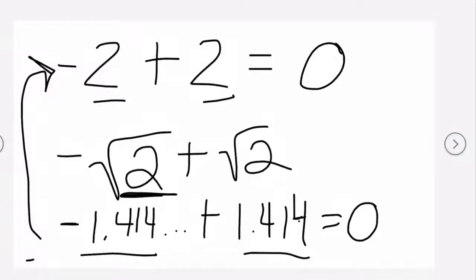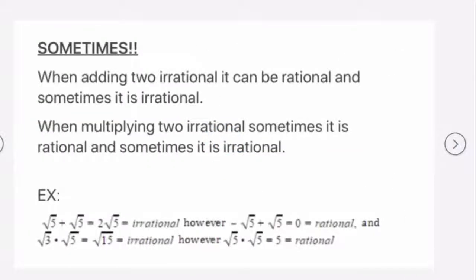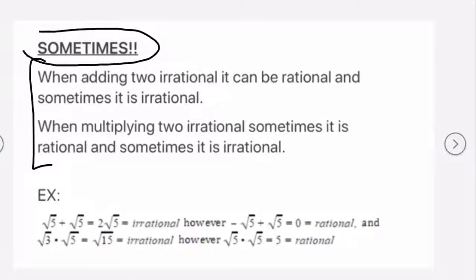So at this time, the sub is going to pause the video, and you are going to put this in your notes, making sure that you have the title sometimes in all caps and underlined so it stands out. And then there's examples down here showing how they cancel out when you're adding two.